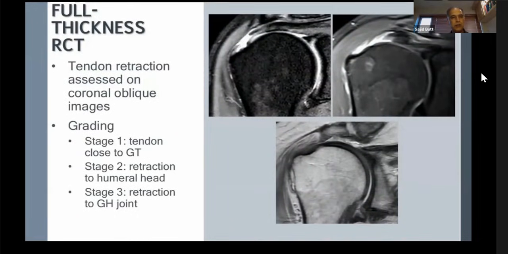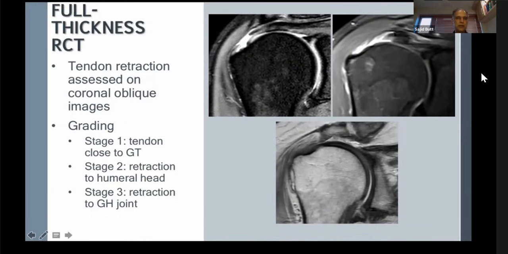You can try and grade the tendon tears depending on the degree of tendon retraction. I've told you that you can grade the tears by noticing the maximum size of the defect, up to 1, 1 to 3, and beyond 3 centimeters, grade 1, 2, 3. But if you don't like to measure things, then you can just eyeball it. If the tendon is closer to the greater tuberosity, that is a stage 1.